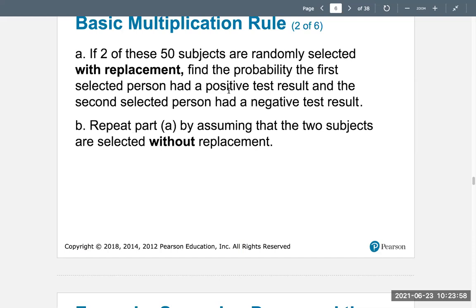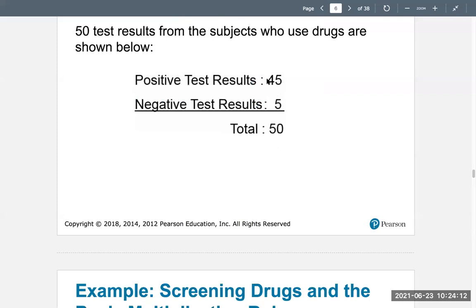So you take it and then you don't replace it. You assume that the first one happened. So you have 1 item in hand. And that item you have in hand is a positive test result. So then your total, if 1 positive test result is in your hand already, it would be 44 remaining positive and 5 negative. So total is 49. So this time is 5 out of 49.